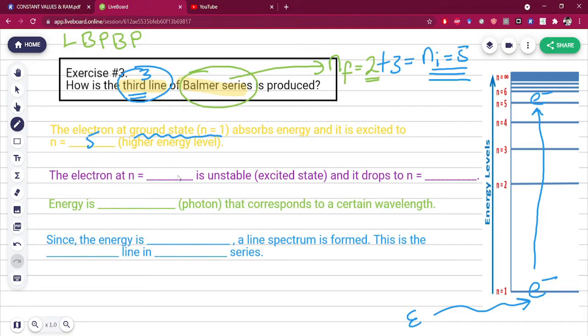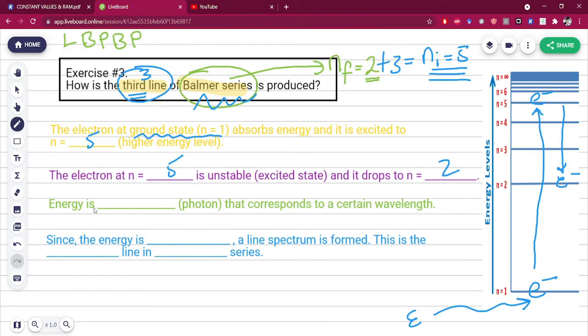The electron at n equals 5 is unstable, in the excited state, and it will drop to n equals 2. Why? Because we're talking about Balmer series. So you put 2 right over here.